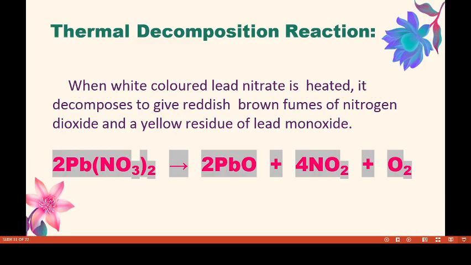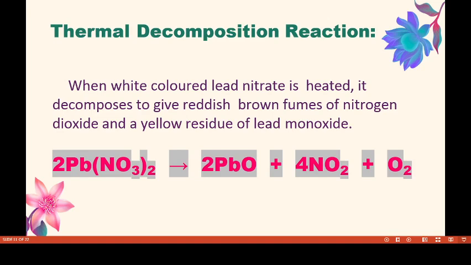Let me take another example for thermal decomposition reaction. When white colored lead nitrate is heated, here thermal decomposition means applying heat, it decomposes to give reddish brown fumes of nitrogen dioxide and a yellow residue of lead monoxide.